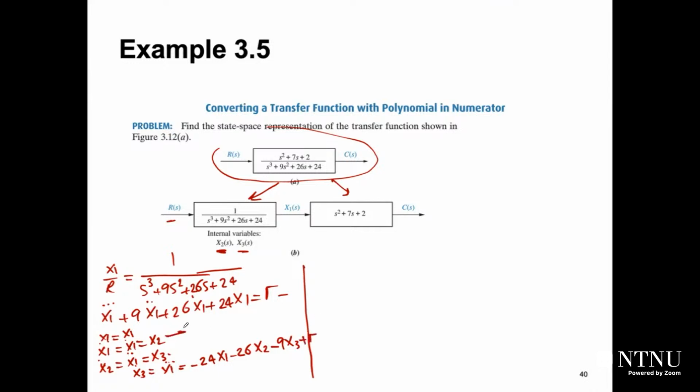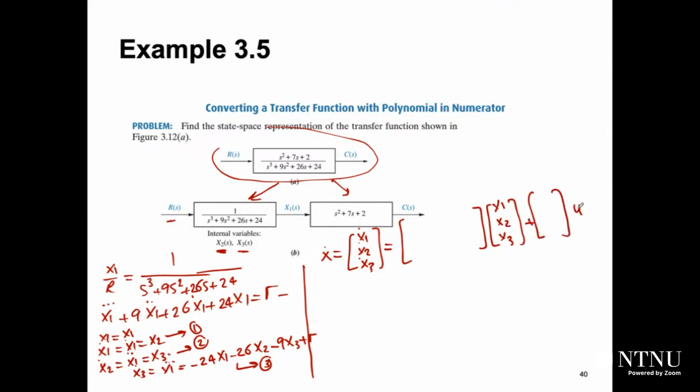So this is my state equation. So we have now here equation 1, equation 2, this is equation 3. In fact, from those three equations, you can just write your state equation. So it will be x1 dot, x2 dot, x3 dot equals matrix A multiplied by state vector x1, x2, x3 plus B multiplied by the input u. So we will look into equation 1, x1 dot equals x2.